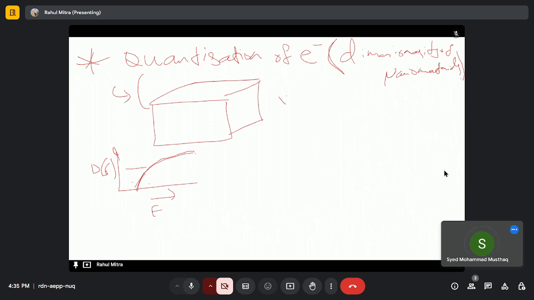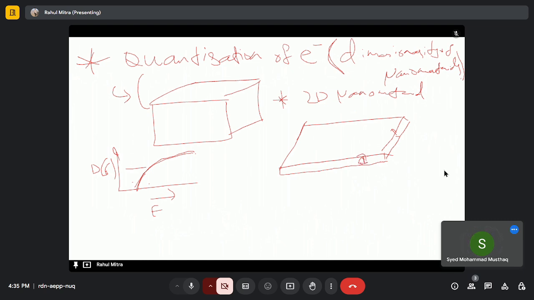Now coming to the 2-dimensional nanomaterial. For example, if I take a thin film, it has a thickness in nanometers. So in this dimension there is a quantization of electrons, right?